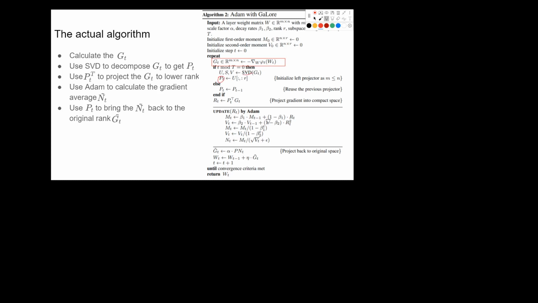Typically we will design a parameter called T here, so it means that we will keep using the same PT for T periods. So it means that we will change the PT every T periods. This is what this block means.